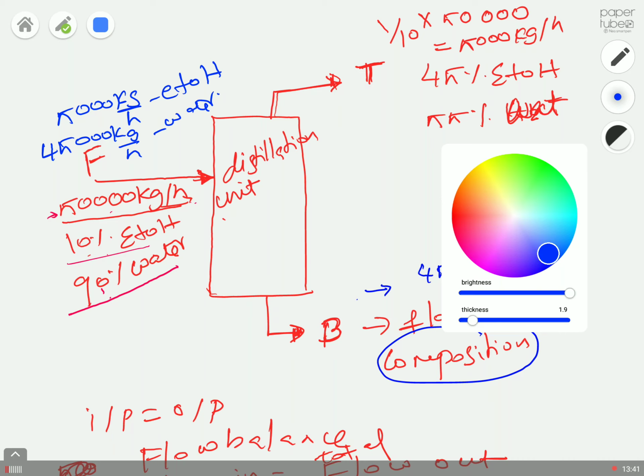And then we can perform the same for the top. I already gave that the top product contains 45% ethanol and 55% water. So we can do the same calculations like before.